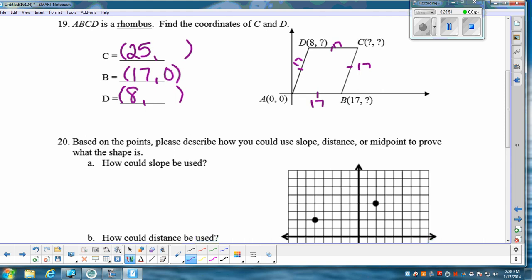To find the y value, from point D, drop down your perpendicular. You know that this bottom length here is an 8. This side is 17, and we have our right angle.